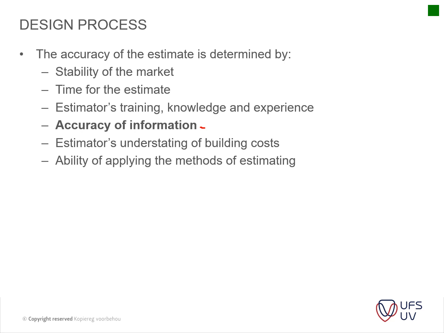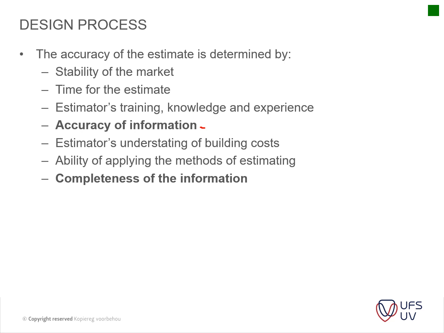Then the ability to apply methods of estimation. Completeness of information: is everything included? Is there maybe, on the drawings, a footing that's not shown, or an external building housing, some mechanical insulation that's not shown on this drawing but is shown on another drawing, which may not have been supplied to the QS, that type of thing.